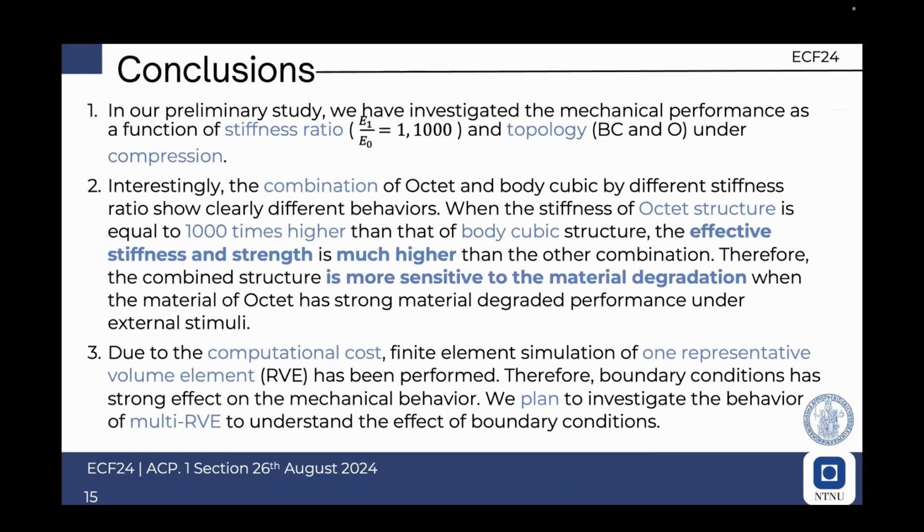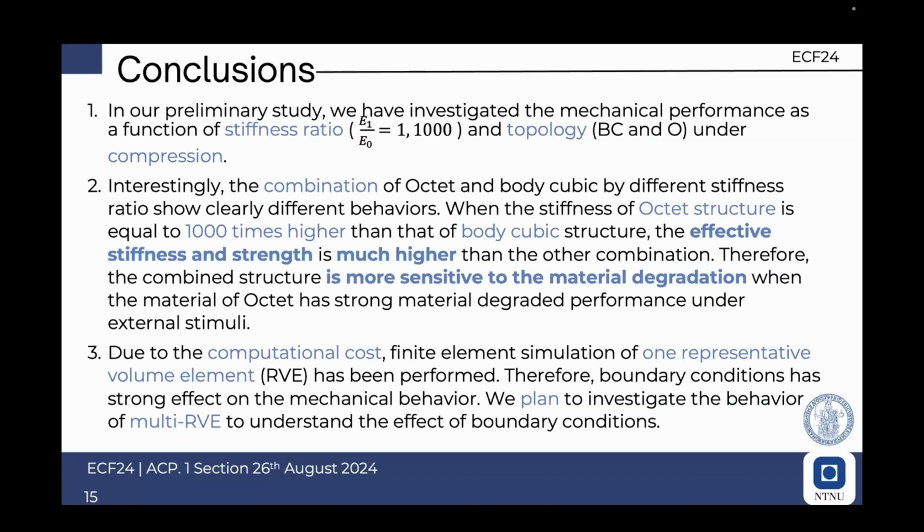As a conclusion, this is a preliminary study. We have investigated the mechanical performance as a function of the stiffness ratio for these two topologies, the combination of cubic and octet, under compression using finite element analysis. From the combination, we can say that the octet is the most sensitive topology: when it is degraded, it can have a big effect on the whole combination.